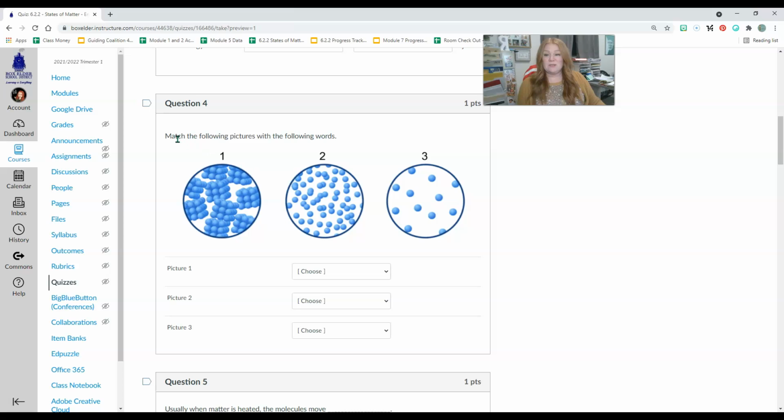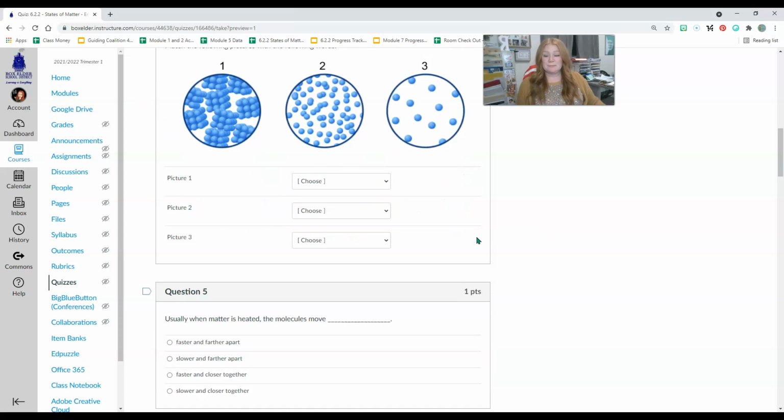Number 4 wants you to match the following pictures with the following words. We have picture 1, picture 2, and picture 3, with the options bubbles, water, liquid, gas, or solid. So match the picture to which state of matter that is.